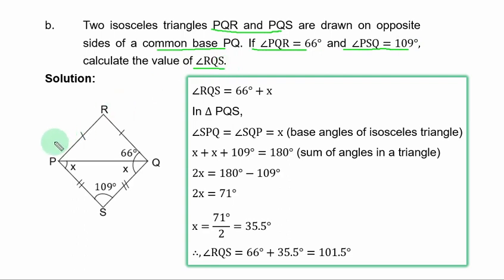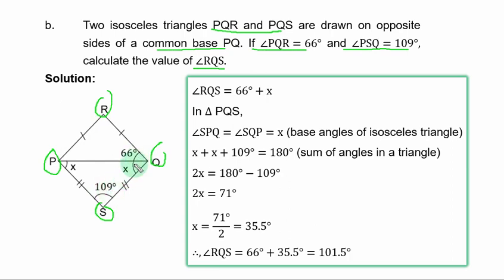Solution. So you have the common base PQ. So you have S here. Okay, you have P at that point, and here is Q. Here you have R and S. By the given information, this angle is 109.